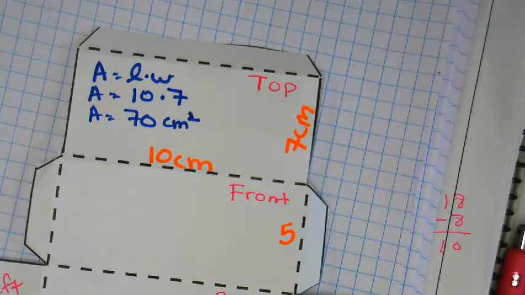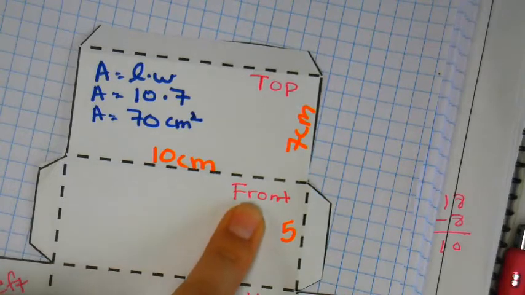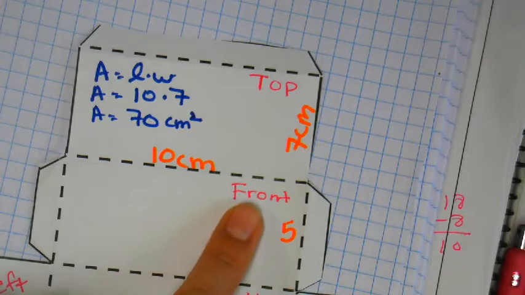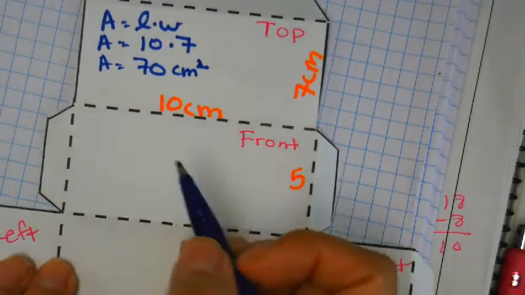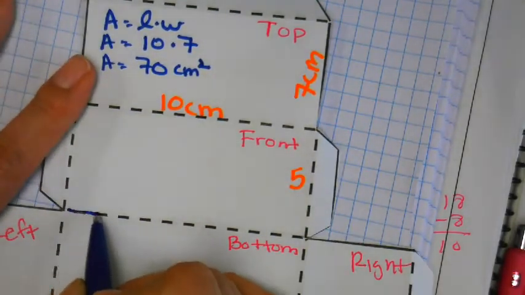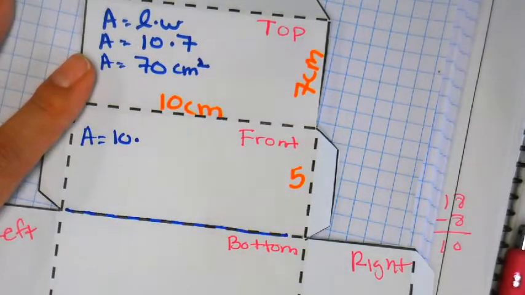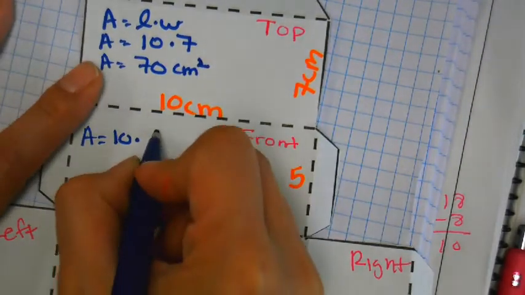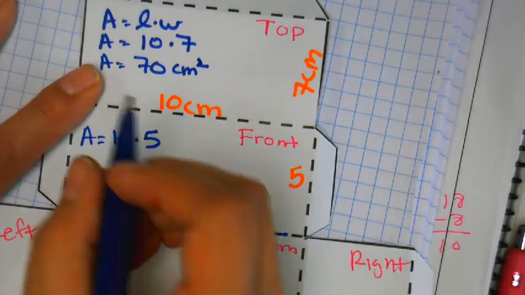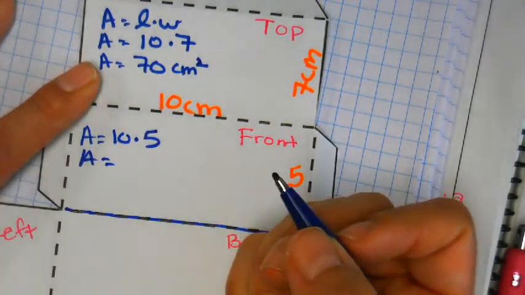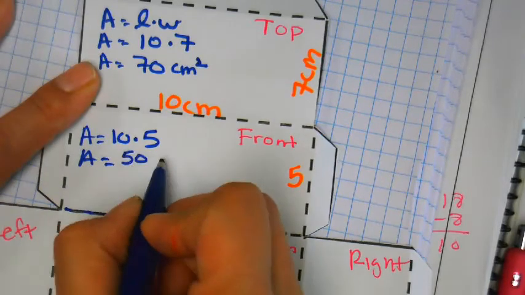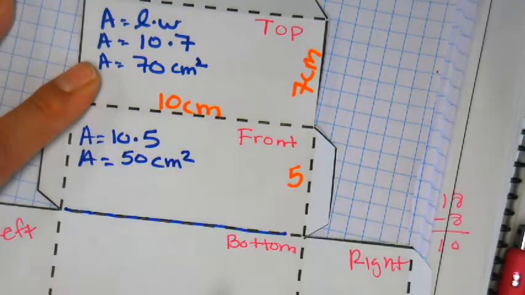Now let's do the front rectangle. What are the measurements? What does this measure? 10 times what? 5. In this case, it's 10 times 5. So what is our area equal to in this problem? 50 centimeters squared.